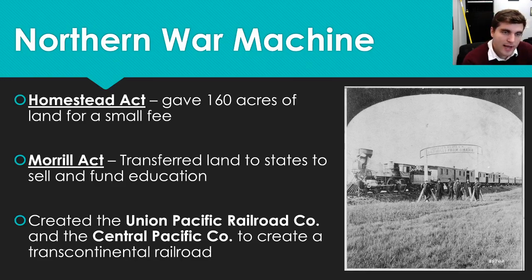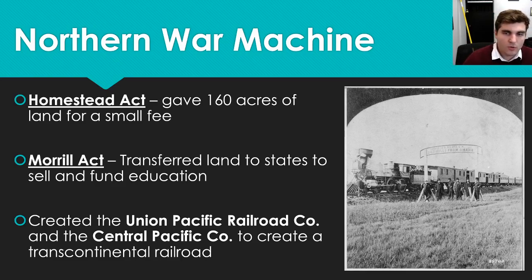The Homestead Act gave 160 acres of land to individuals for just a small fee, with the promise that they would cultivate that land. What that did is that allowed the United States to rapidly expand west. So in the meantime, while the Civil War is being fought, the United States is pushing west.